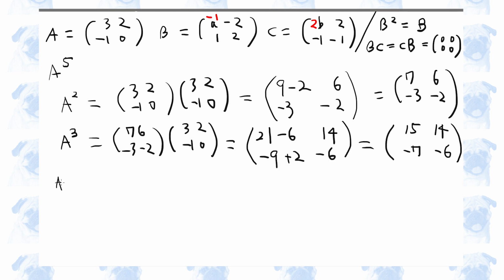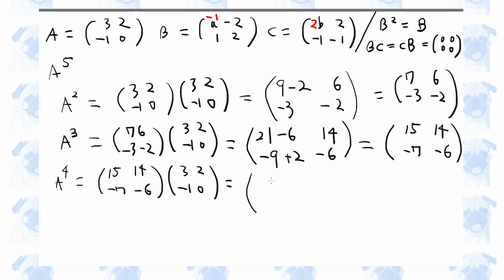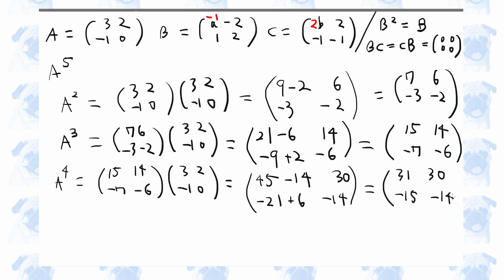Next, what is a to the 4th power? So let's figure out the pattern. 7 times 2, 14 plus 1. 15 times 2, 30 plus 1. So 31 times 2, 62 plus 1, 63.